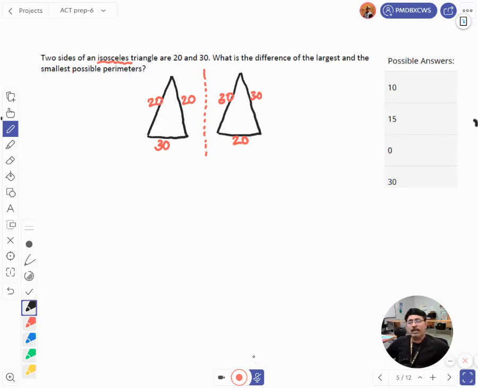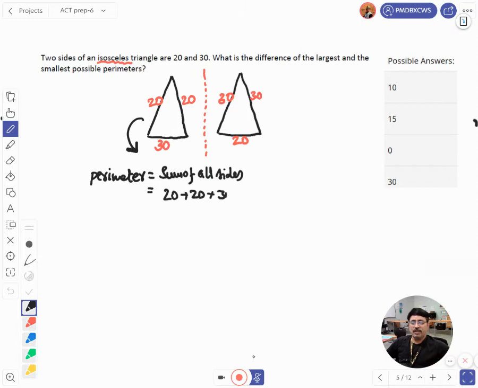You know that the perimeter of a triangle is the sum of all the sides, right? Due to lack of space, I am not writing it completely. For this one, the sum of all sides is 20 plus 20 plus 30. That gives me 70 units, right?